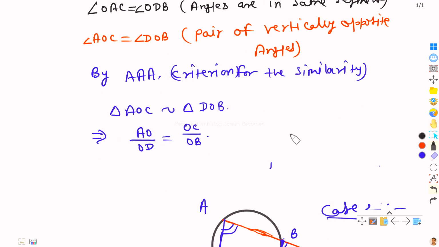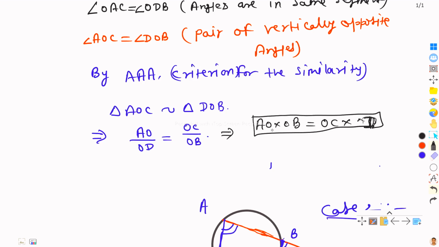The cross multiplication gives AO into OB equals OC into OD, and this was the theorem. So we have proved that AO into OB equals OC into OD.